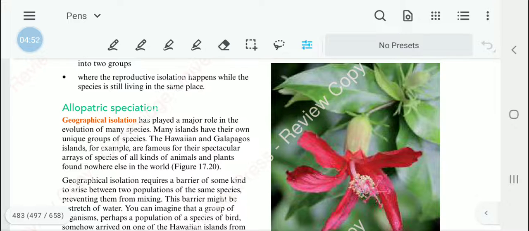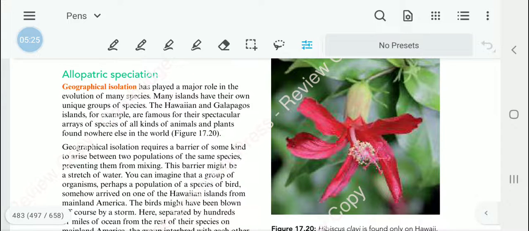The Galapagos Islands are quite famous because that is where Charles Darwin studied the animals and developed his theory of how evolution has taken place. These islands are very beautiful places, and they have species of many kinds of animals and plants that are not found anywhere else in the world.